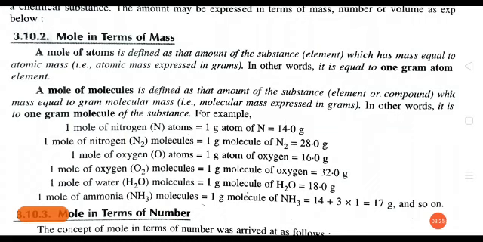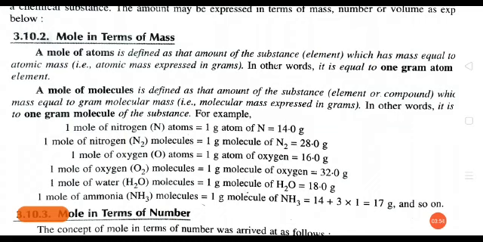For example, atomic mass of nitrogen is equal to 14 u, where u is the atomic mass unit. If we write in terms of gram atomic mass, 14 u will become 14 g. Here u is replaced by g. Okay. Now a mole of molecules.